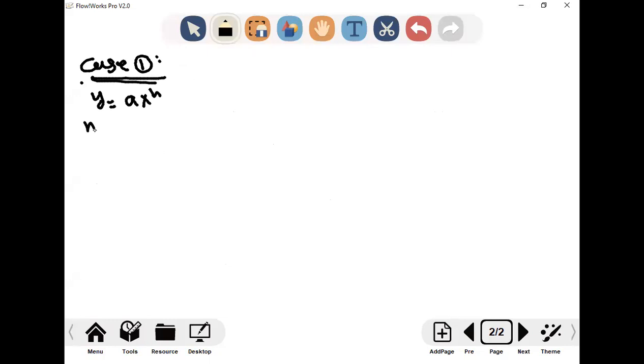If n is even, I will start with the even, and a is positive, like positive 4x power 6. Not only power 2. Power 2, power 4, power 6, power 8, power 10, any even power is the same as power 2. So we are talking about the even degree, okay?